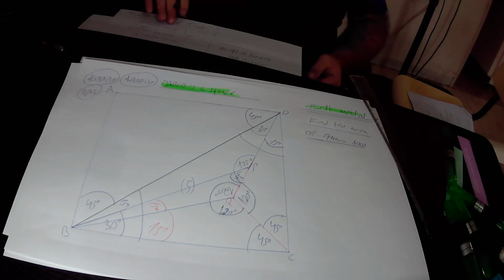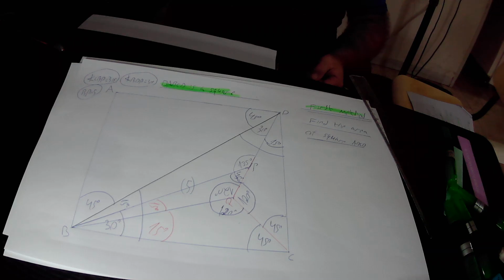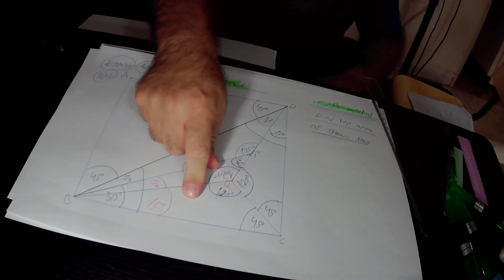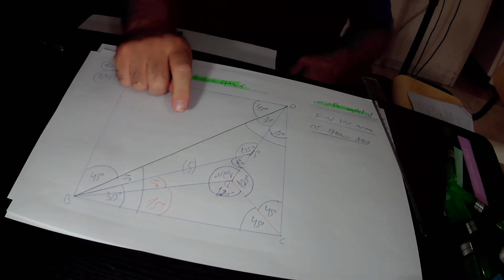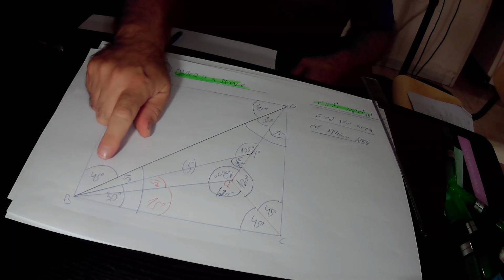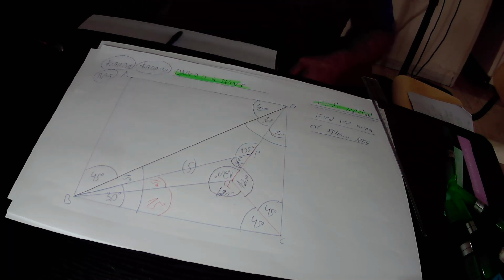And from the fact that those two triangles are congruent, we realize that side PB is equal to the corresponding side BC.